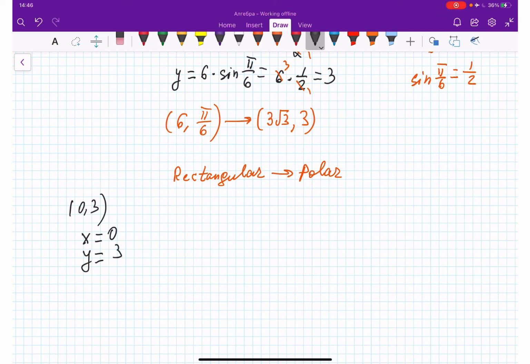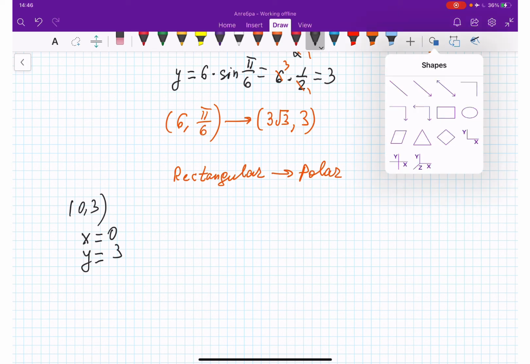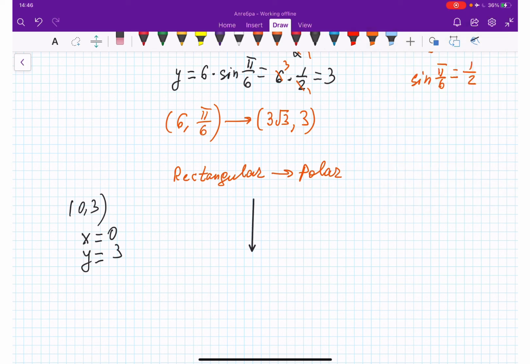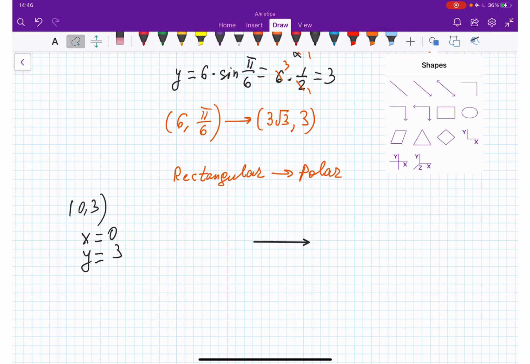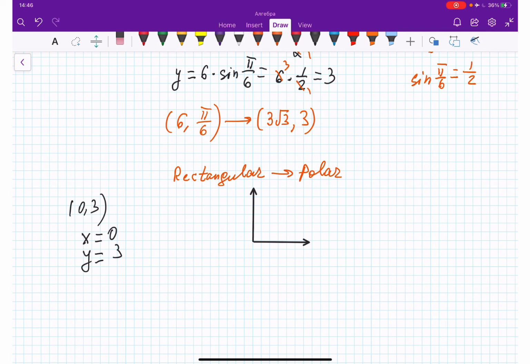So let me draw it. (0, 3). The 3 is going to be on my y axis, because this is y, right? At the same time, this is going to be our r, the distance from the beginning to the point.